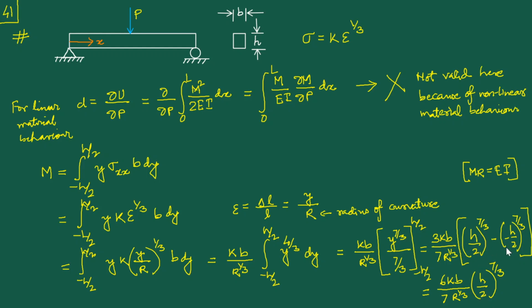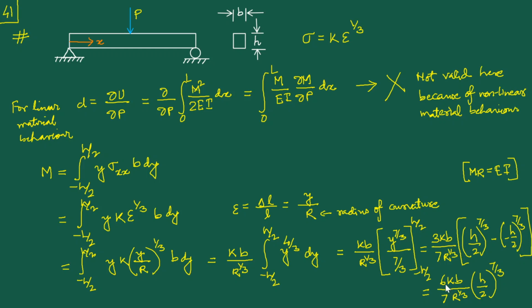Basically this gives me a twice, and that twice I have multiplied. So you see this M is this weird, quite complicated looking thing, but overall please note what is really happening here.